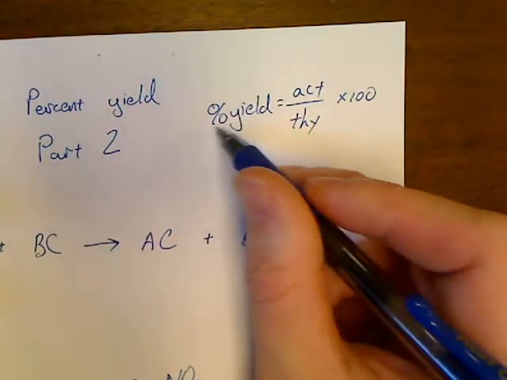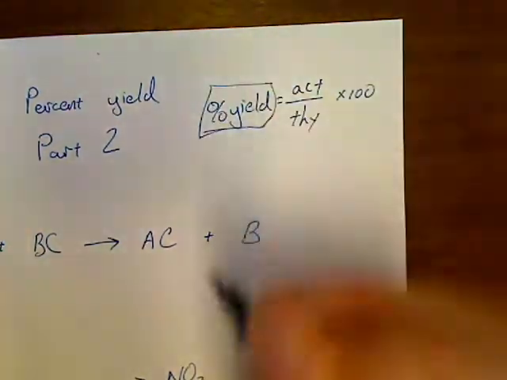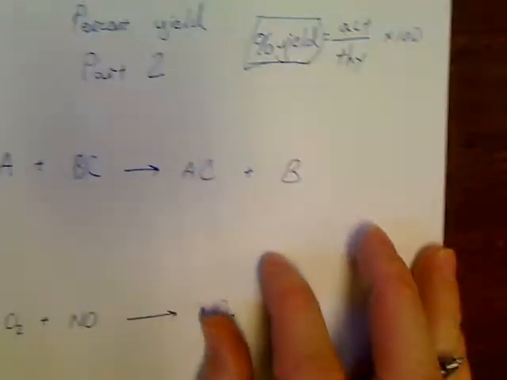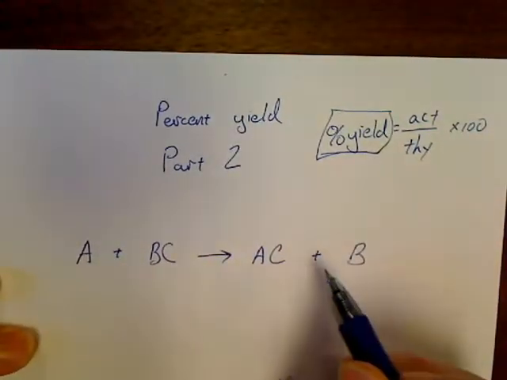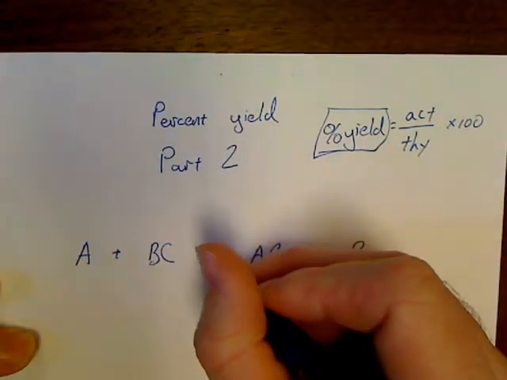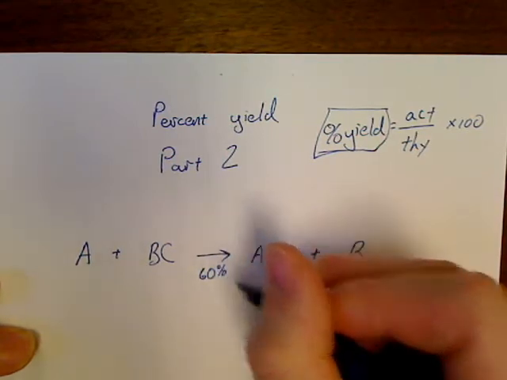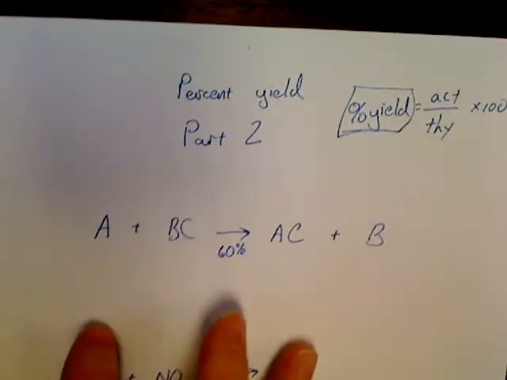These problems are going to give you the percent. So in these problems, they're going to tell you like 86%. When you work the problem, you're going to get a balanced equation, and it's going to tell you that the yield is, let's say, 60% in the problem. So it's going to tell you the yield.